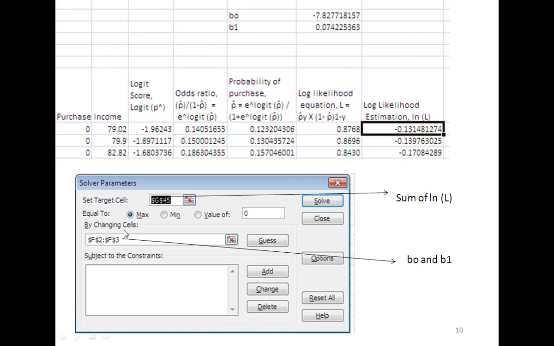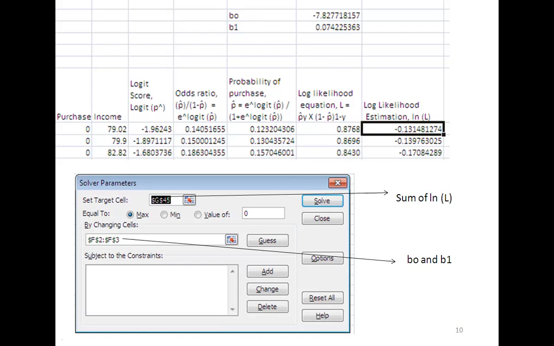So this is the changing cell, and we have to set maximum, because we have to obtain the maximum likelihood, not minimum, right? That's it. There is nothing else to do. Don't go to anything. Everything is default. Just set the target cell. What is the target cell? The target cell is the sum of the log likelihood. So once you have the log likelihood, if I've got some 20 observations, for each observation you'll have a log likelihood, right?